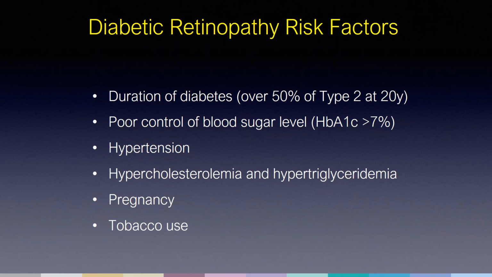And other systemic medical issues, such as high blood pressure, high cholesterol, high triglycerides. Again, you see the dyslipidemia at play here. And tobacco use also have higher risk factors for diabetic retinopathy. And we also know that in pregnant women with diabetes, they can have an accelerated form of diabetic retinopathy during the pregnancy because of hormonal levels.